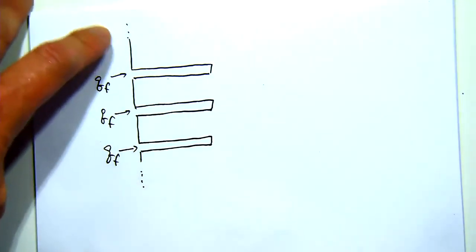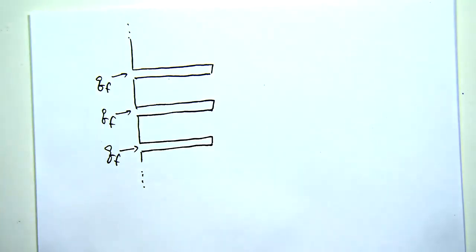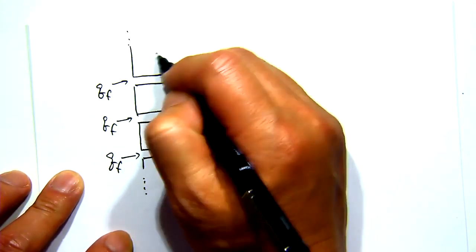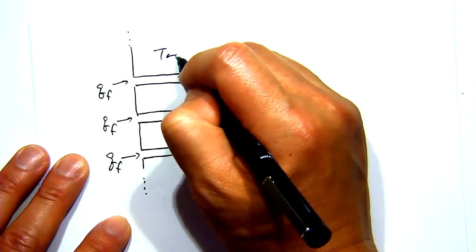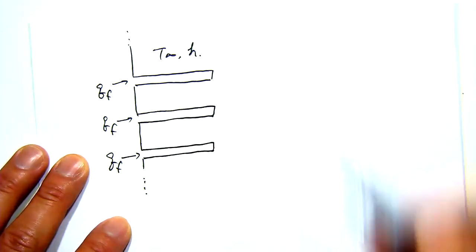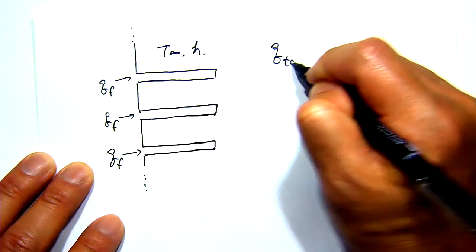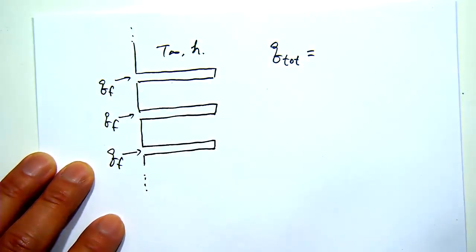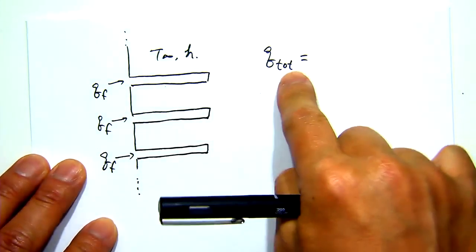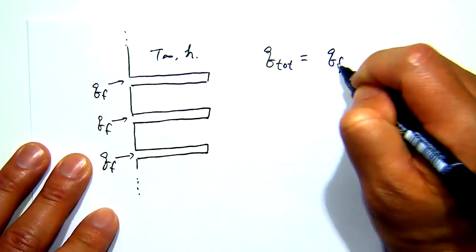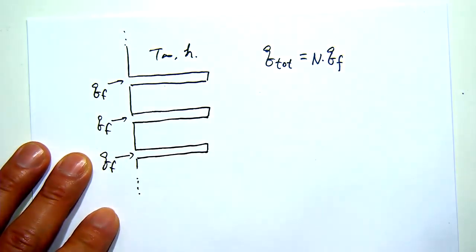And at the same time, the surface without the fin still has a certain surface area, and convection can still happen on those unfinned surfaces, right? So let's say you have T infinity and h as ambient. In this case, the total heat transfer is pretty straightforward. Essentially, the total heat transfer equals the single fin Q times the number of fins there.